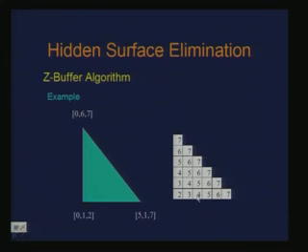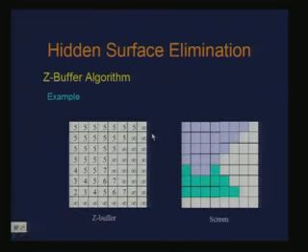Now when I plot this, I need to update my Z buffer. When I do that, this is what happens. These are the updated values of Z buffer. So, up to this nothing changes and these are the values which are changed.